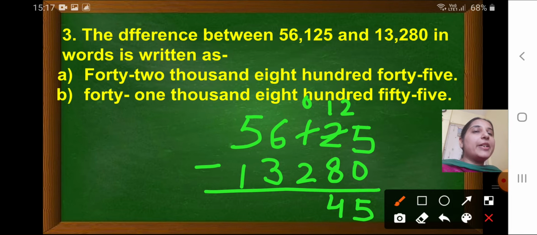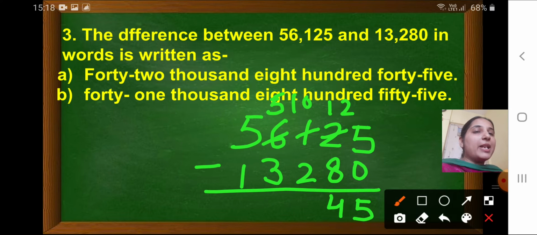Now look at the hundreds place children. There we have 0 as minuend. So 0 minus 2, that is not possible. So again we have to borrow. So now we will borrow 1 from this 6. So 5 will be left here. And the digit here at the hundreds place becomes 10.